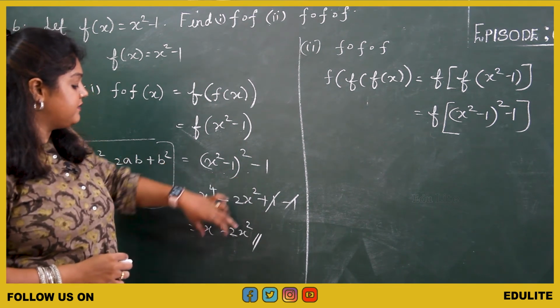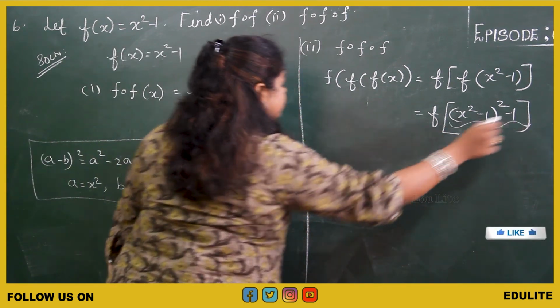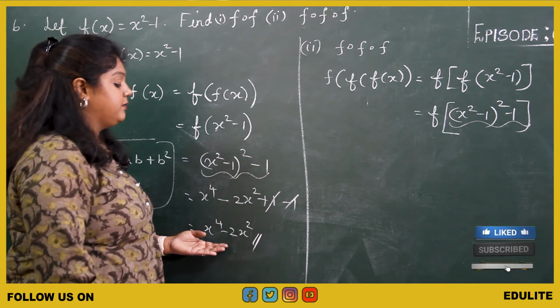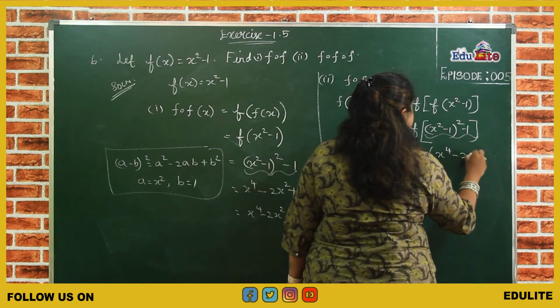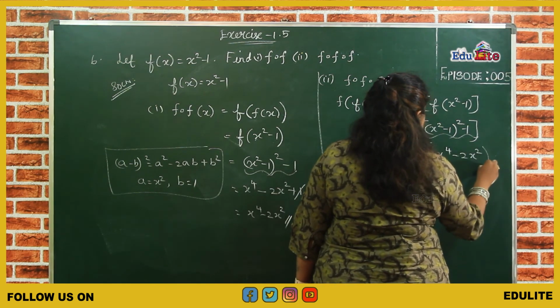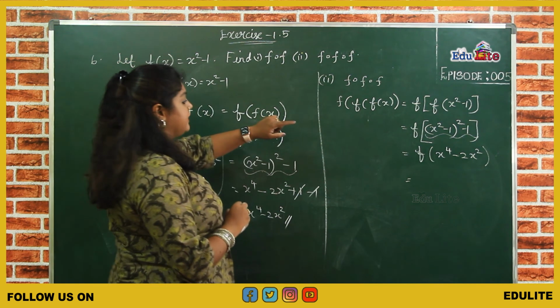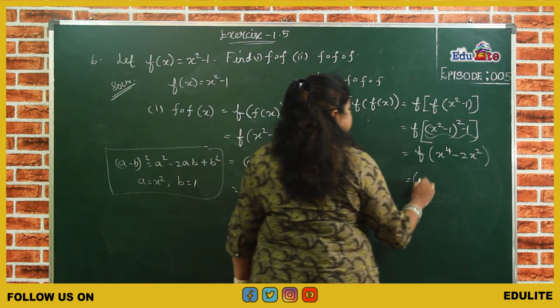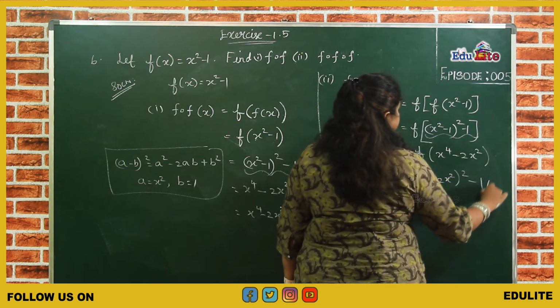We will substitute x power 4 minus 2x square, because we have already simplified it in the previous subdivision. So f of (x power 4 minus 2x squared). Now we have to use the x value as x power 4 minus 2x square, so it will become (x power 4 minus 2x square) whole square minus 1.